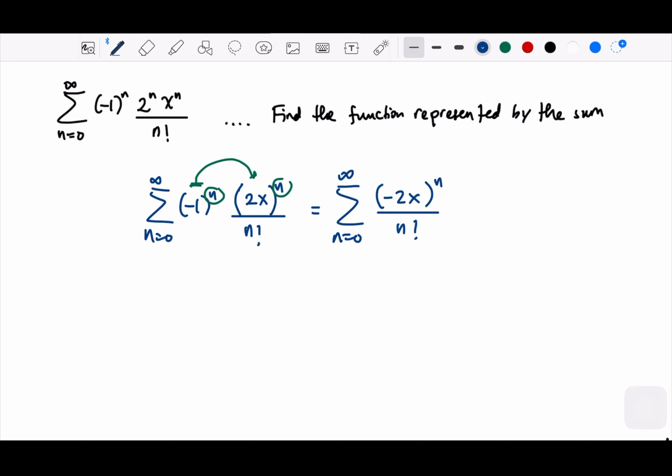And if we remember, what is e to the x? This is x to the power of n over n factorial, right? So this is actually e with x exchanged for negative 2x. So the function for this case is e to the power of negative 2x.